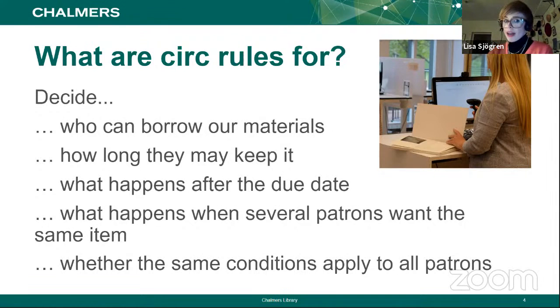It could also be what happens when several patrons want the same item. So that's where you get the request rules, probably. And also, you have to decide whether the same conditions are going to apply to all patrons and all items, or if it's going to be more complex than that.